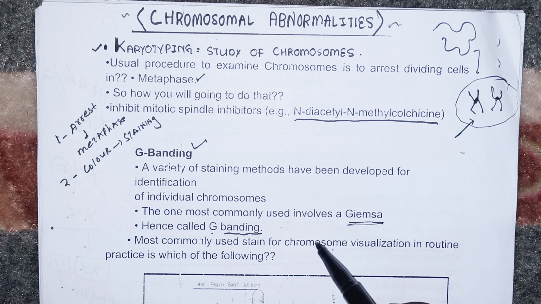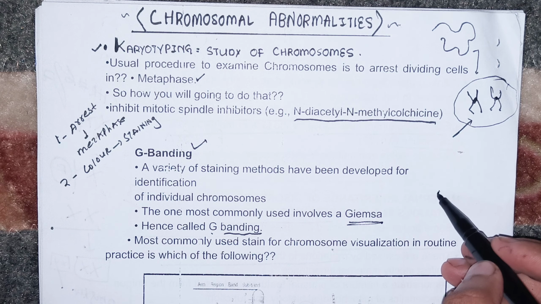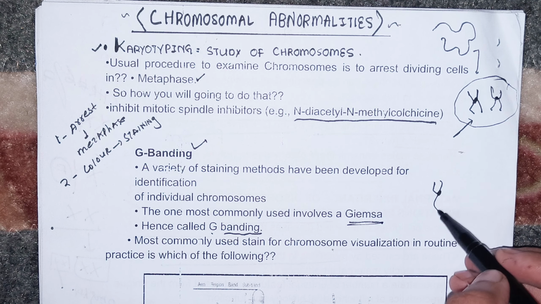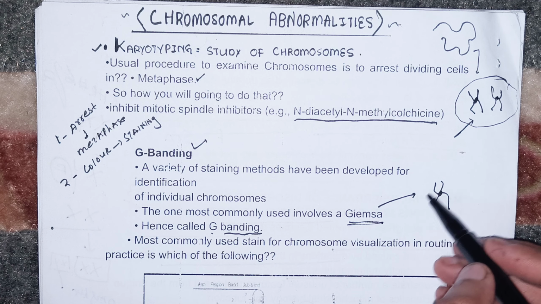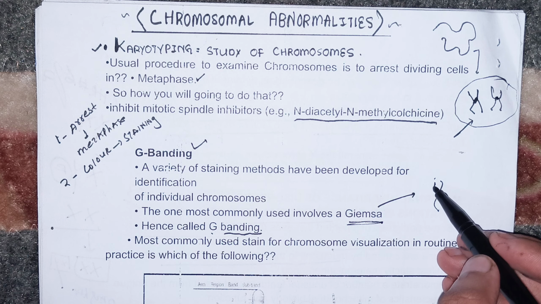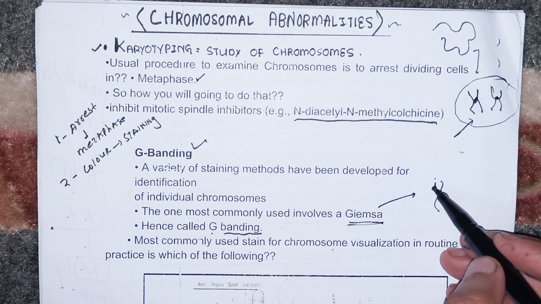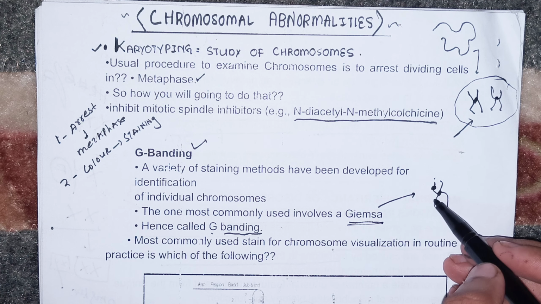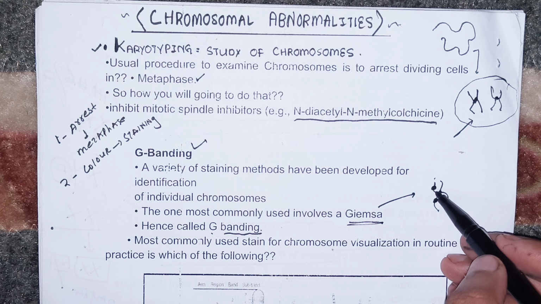What does banding mean? Actually, beta, suppose this is the chromosome arrested in the metaphase stage, and we provide this Giemsa stain. At some places it takes lots of color, and at some places it is lighter.